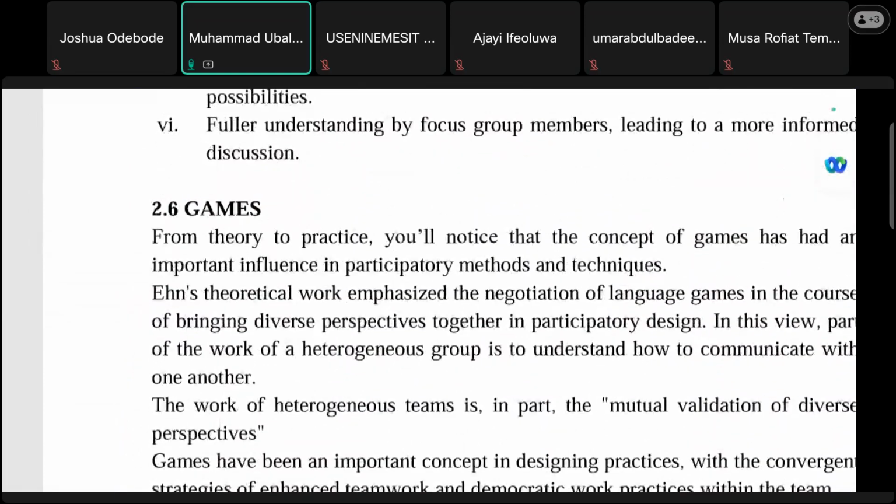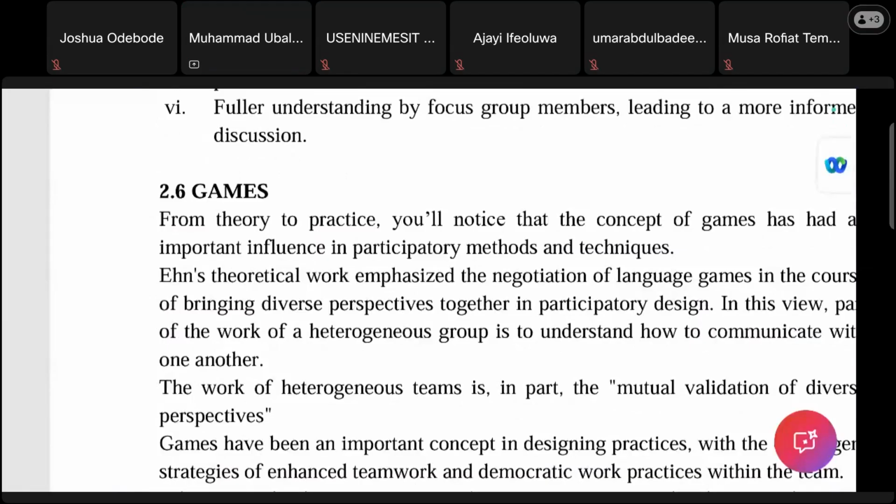Now, let's talk about games. Games are usually used to encourage participation. They play games, or as they play games, that entertainment process sometimes tends to create room for mass participation as well as encourage the participation itself.